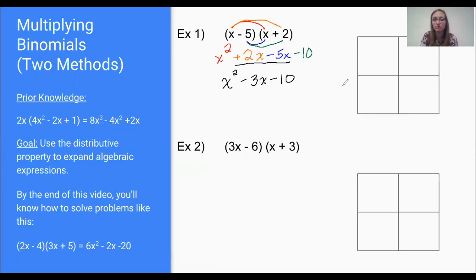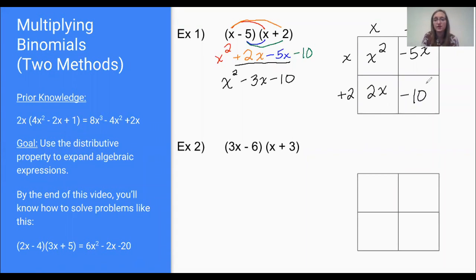Others might find it helpful to use the box to set it up. So you just take one of your binomials and write it across the top. So you have x minus 5, and then down the side here we have x plus 2. And then you simply multiply what's on the two sides of the box to get your product. So we get x squared, x times negative 5 is negative 5x, 2 times x is 2x, and then negative 5 times positive 2 is negative 10.